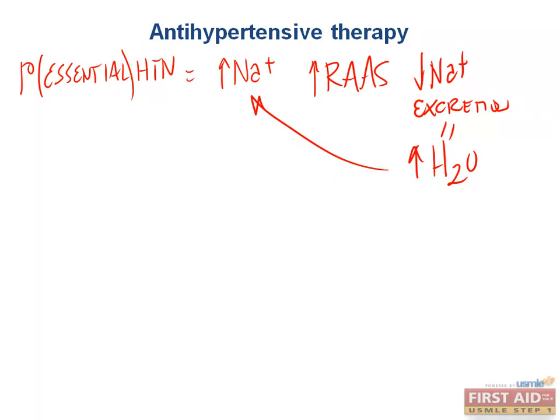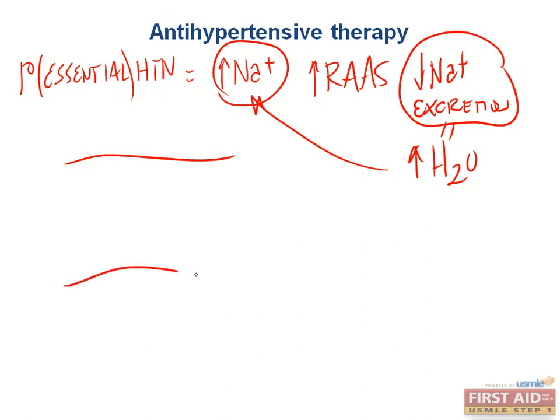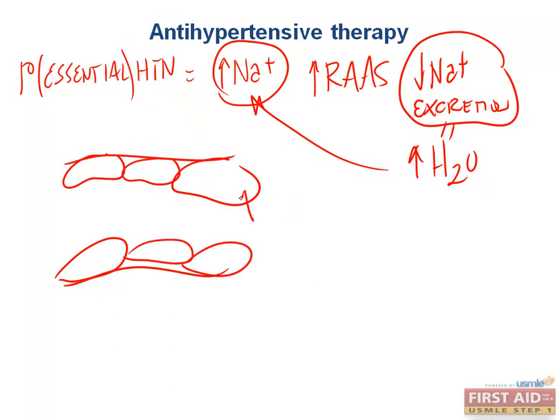So if sodium is really high because we are inappropriately retaining amounts of it and inappropriately excreting low amounts of it, it can actually enter the endothelial cells that are sitting in our vessels. So you have an increase in the intracellular sodium of endothelial cells and vascular smooth muscle cells.